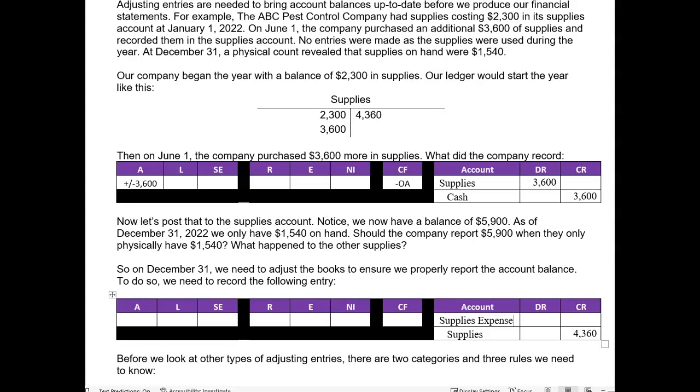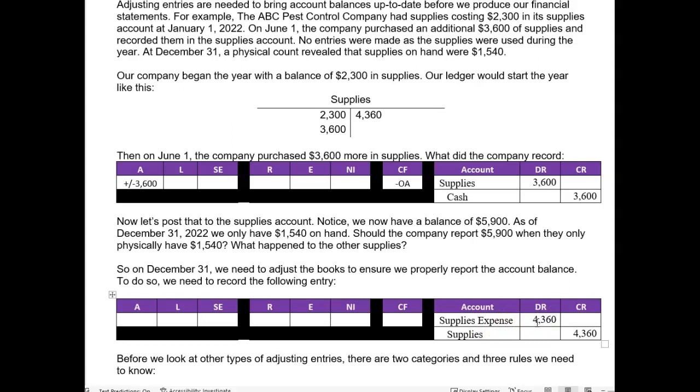Now, accountants aren't real creative, so most of the time when we're using an asset, it becomes the same name, only an expense. So if you use supplies, it becomes supplies expense. If you're using up a prepaid, like prepaid rent, it becomes rent expense. Prepaid insurance would become insurance expense. We're not real creative in our naming conventions because we want it to be clear and understandable. So as we consume the asset, it will become an expense to our company.